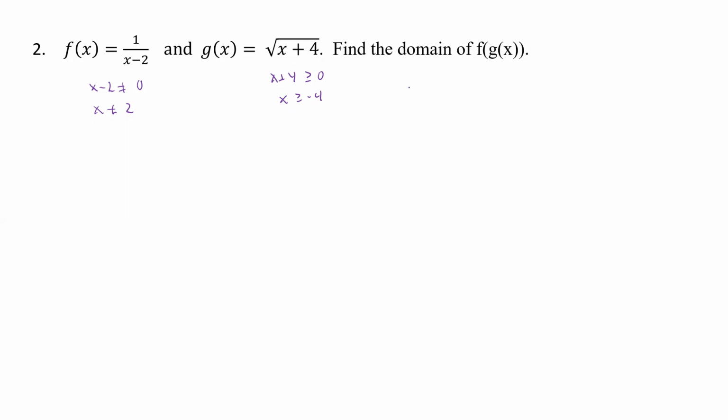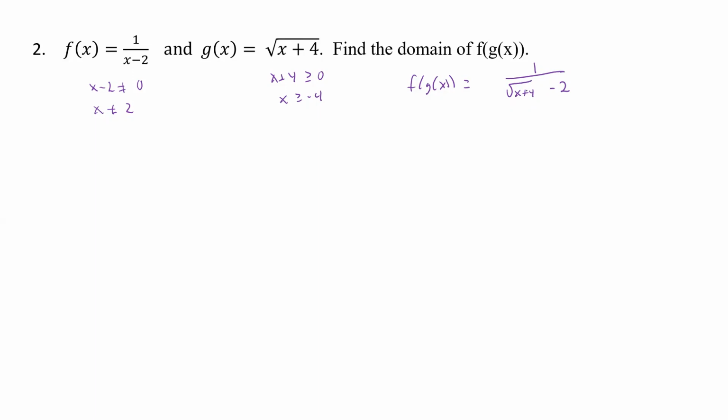So with f of g of x, now we're going to plug this down into here, and so we're going to get 1 over the square root of x plus 4, and then minus 2. Okay, so what do we have here? Well, we know that x has to be greater than or equal to -4, and then we're going to get a positive number here.